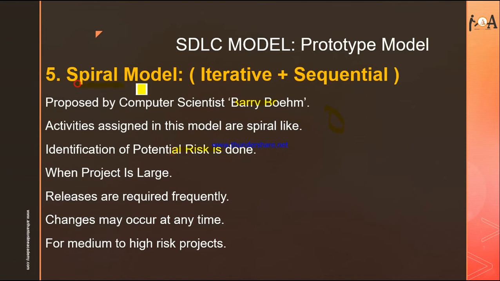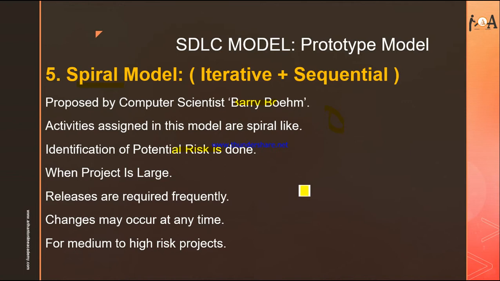But in which case will we choose the spiral model in SDLC model development? When the project is very large. Basically the first model is the waterfall model. We use the waterfall model where the project is small. You only choose that model when the project is small, but you choose the spiral model only when the project is large, there might be some changes required in the meanwhile, and releases are required frequently by the user or client, or the project has to be done within a deadline.